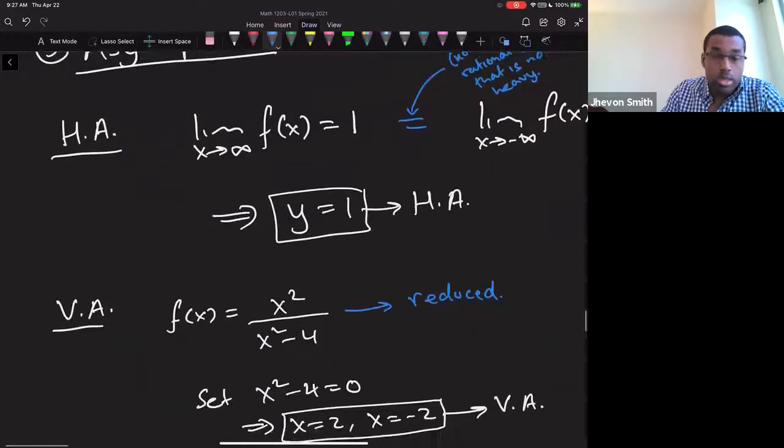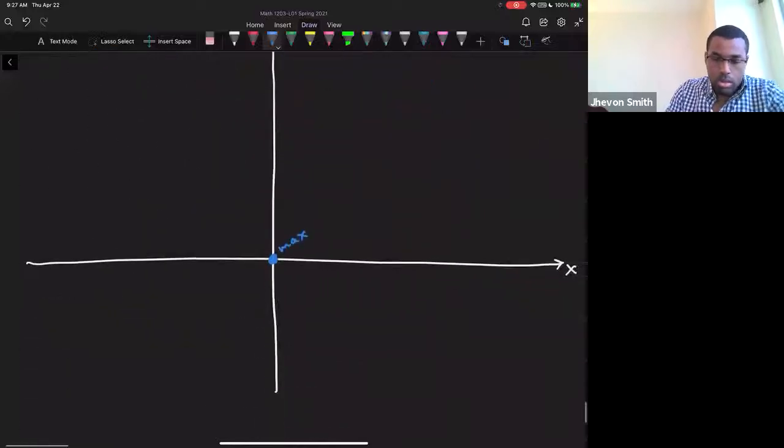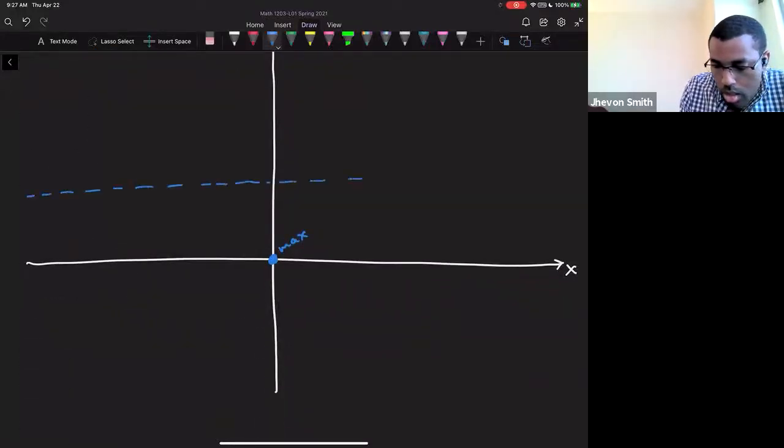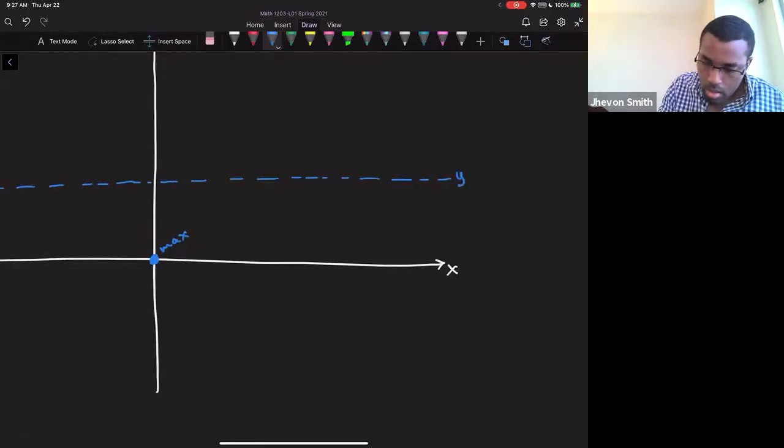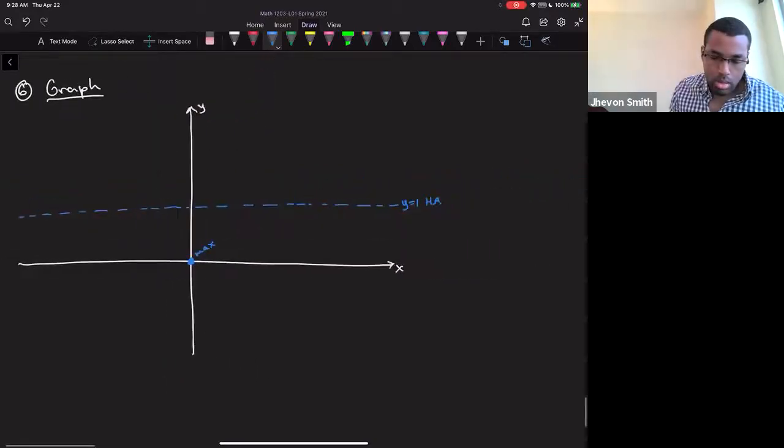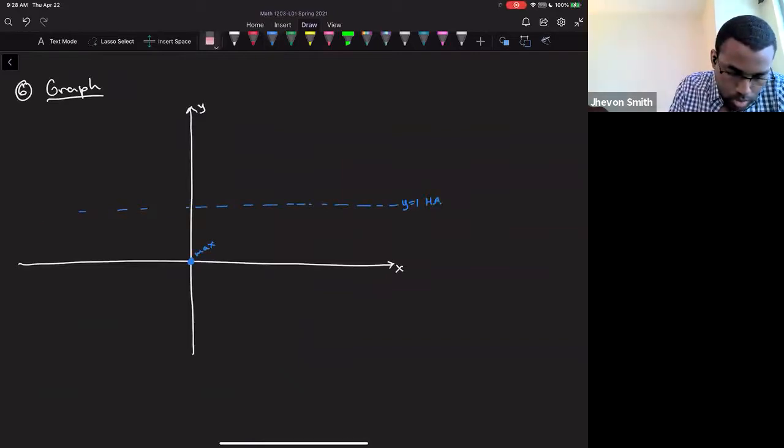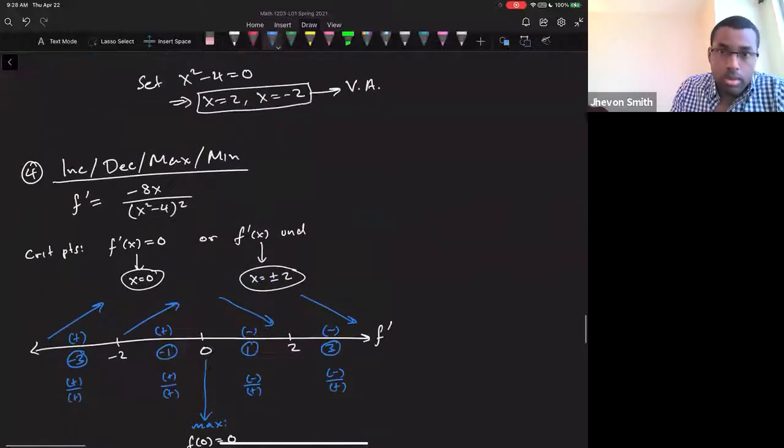Now we're going to put in the asymptotes. There's a horizontal asymptote at y = 1. So I'm going to go right here. Y = 1. Kind of should have done the thing with my mouse. Vertical asymptotes.